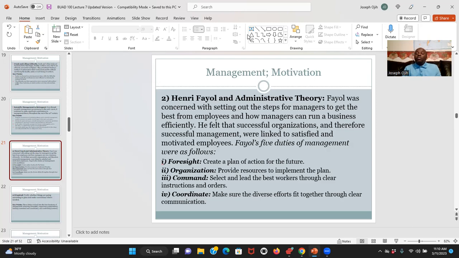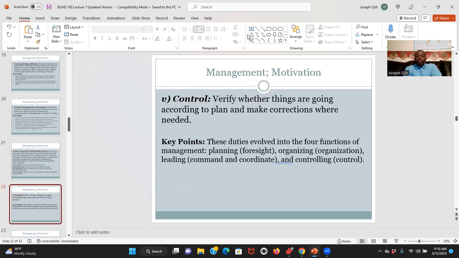And coordinate, which is the fourth of the 5 duties. Coordinate means managers should make sure that efforts fit together through clear communication. And the last one is control. They need to verify whether things are going according to plan and make corrections where necessary.